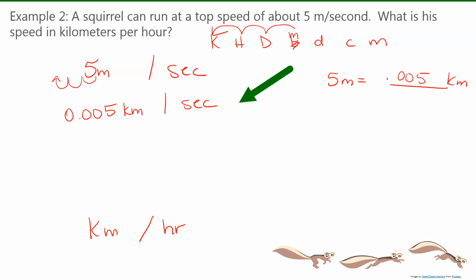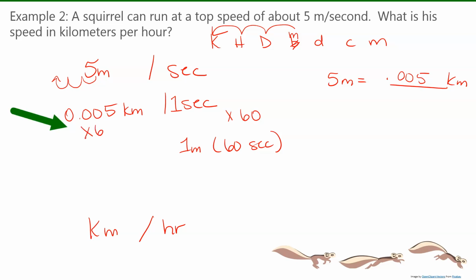Now I need to change my seconds into hours. So 1 second, if I multiply that by 60, that will give me 60 seconds, which is 1 minute. So 1 minute, or 60 seconds, I multiplied by 60 there, so I'd have to multiply by 60 on the left-hand side as well. That gives me 0.3 kilometers in 1 minute.